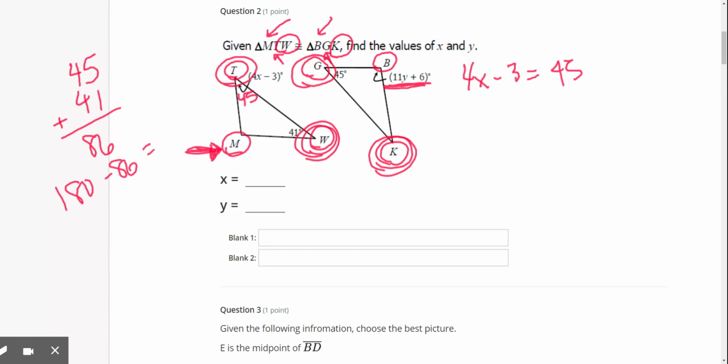Is that 94? Did I do that math right? Okay. So then 94 is that one loop. So M goes with B. So 94 equals 11y plus 6. And then you can solve those and you've got your answer. But that's why the key up at the top matters. The order matters with those letters.